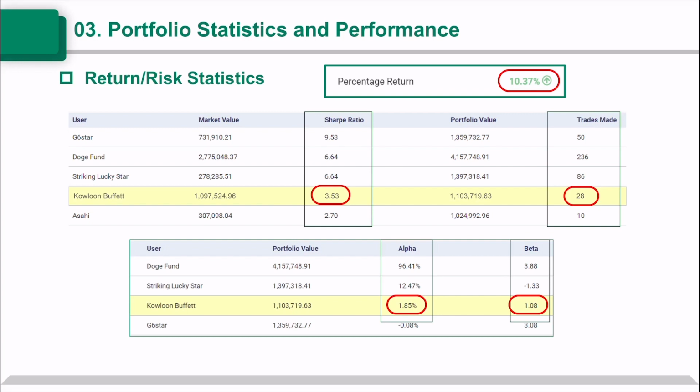The Sharpe ratio is a risk-adjusted measure calculated using standard deviation and excess portfolio return to determine reward per unit of risk. The higher the portfolio's Sharpe ratio, the better the risk-adjusted performance. Comparing with the backtesting result of 4.84 Sharpe ratio, we found the Sharpe ratio has decreased in the actual trading month.